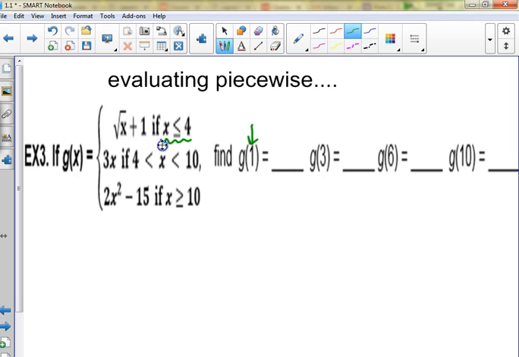Do you remember this now? If x is between 4 and 10, you use this rule, not including 4 or 10. If x is greater than 10, you use this rule. Now you remember what a piecewise is? Okay, so a 1 is less than 4, so I put it in the top rule. Square root of 1 plus 1 would be what? 1 plus 1 is 2. We good?